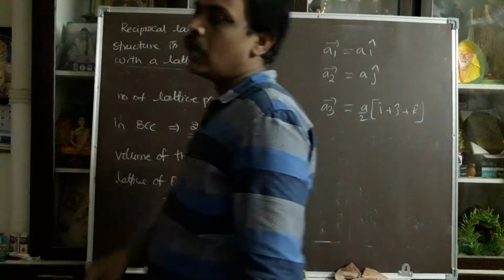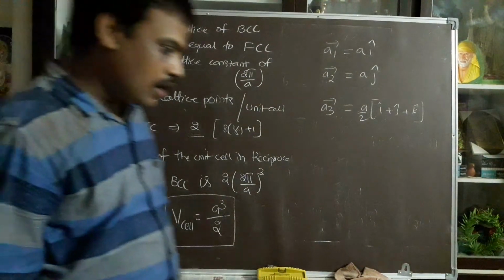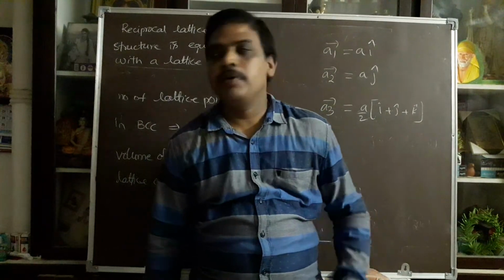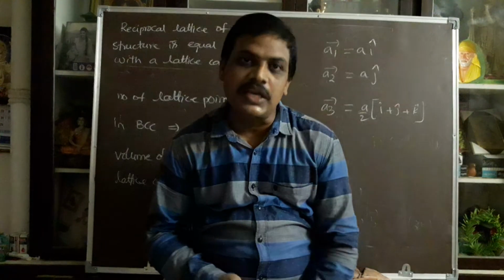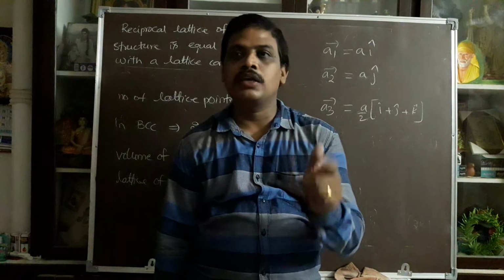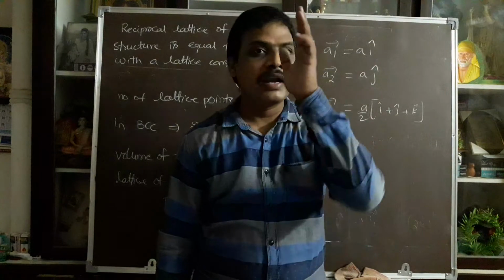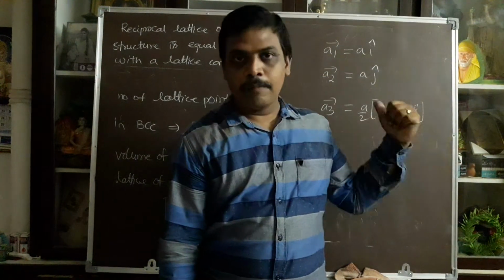Based on these three, you can deduce B1, B2, B3. So the primitive vectors of the reciprocal lattice are B1, B2, B3. Based on B1, B2, B3, the structure is equal to face-centered cubic structure of the normal crystal with respect to the reciprocal lattice of BCC.